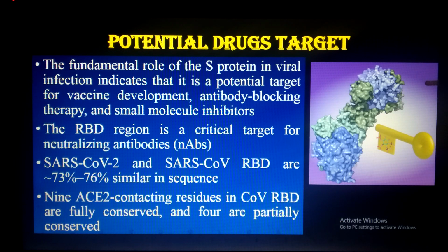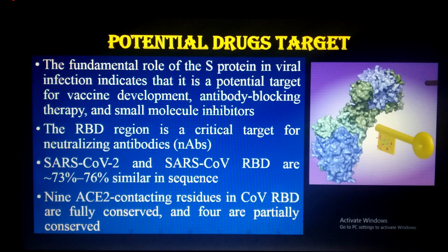So the changes occur here. That's why there is a difference between SARS coronavirus 1 and SARS coronavirus 2. They're 73 to 76% similar. About 27% difference is because of the 4 partially conserved residues in the RBD region.